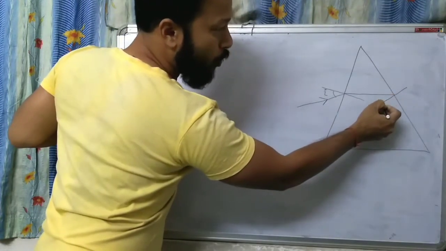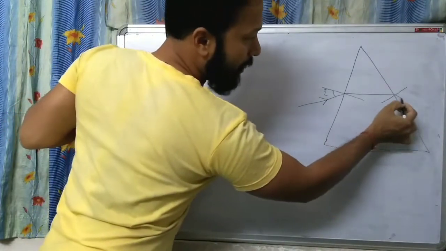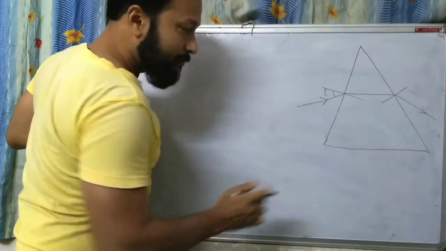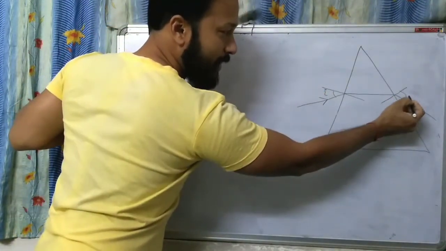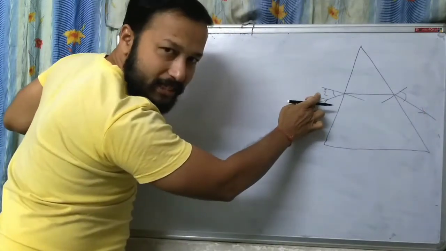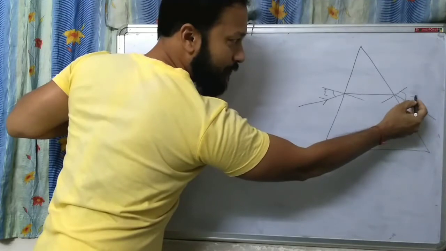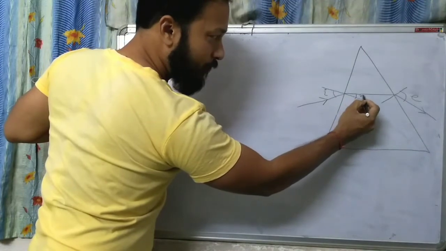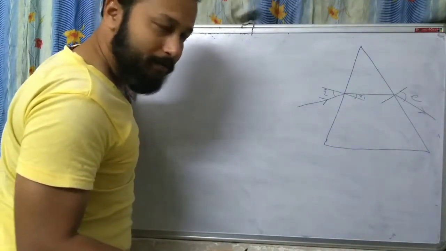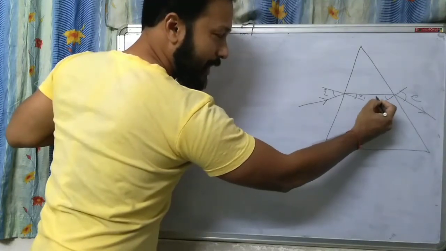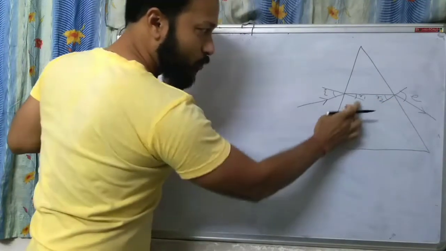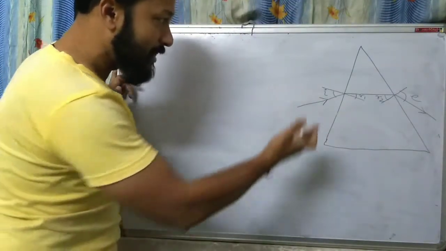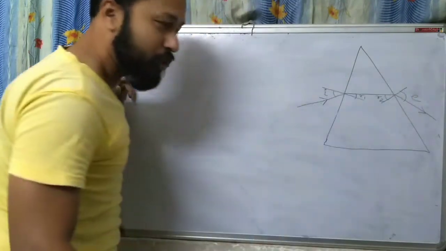Here is the normal again, and the ray is going like this. This is an angle, this is another angle. This angle is called the angle of incidence, and this is the angle of emergence. This is the angle of refraction, and this is another angle of refraction. R1 and R2 are angles of refraction, and this is the angle of incidence and the angle of emergence.